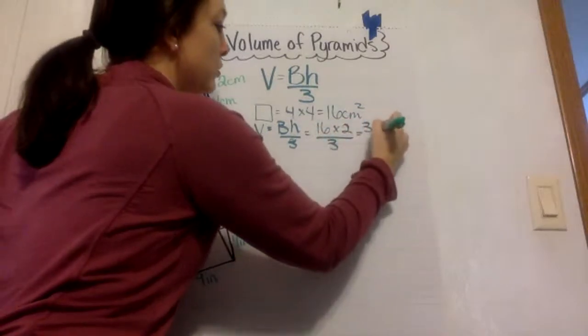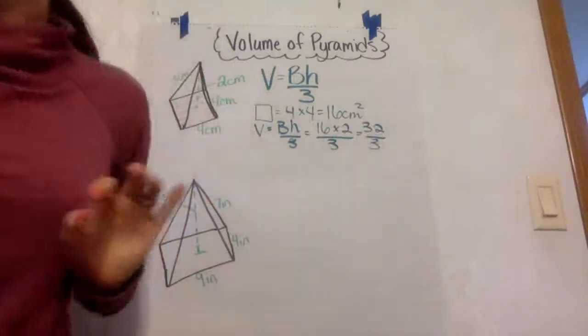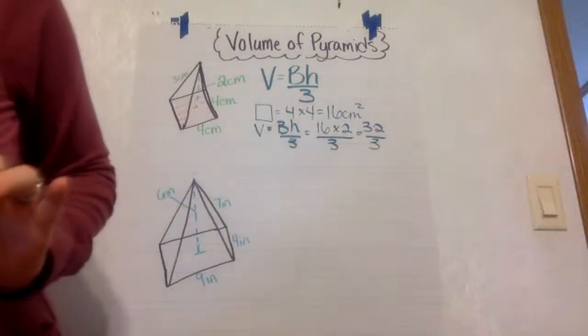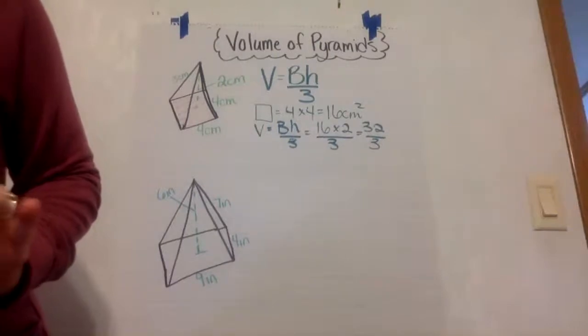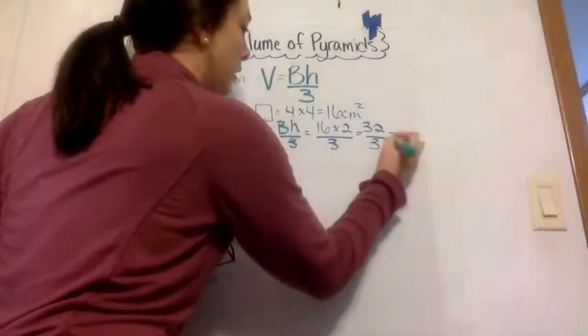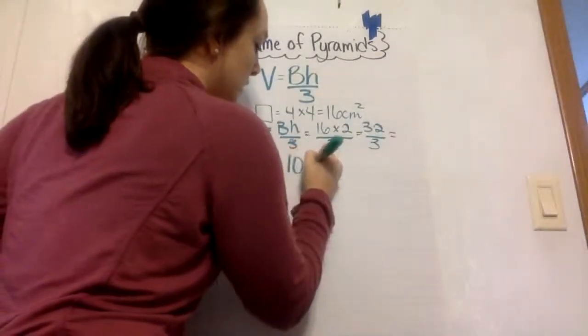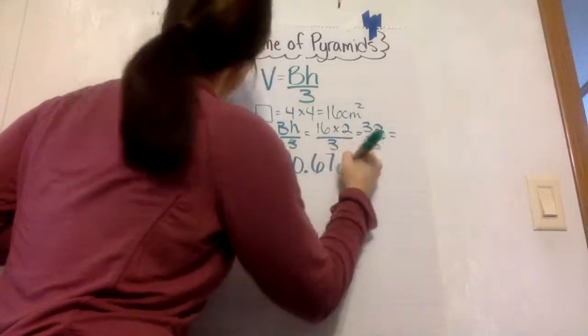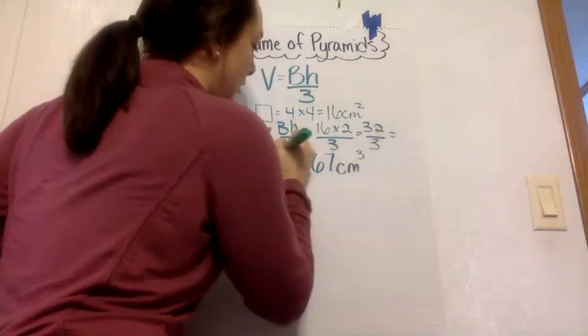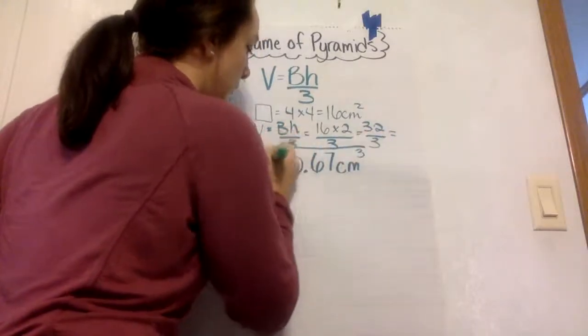So I'm going to multiply by 2 and then divide by 3. I get 32, divide that by 3, and I get, oh boy, 10.666 repeating. So I'm going to say 10.7 centimeters. And don't forget, volume is cubed. Okay?